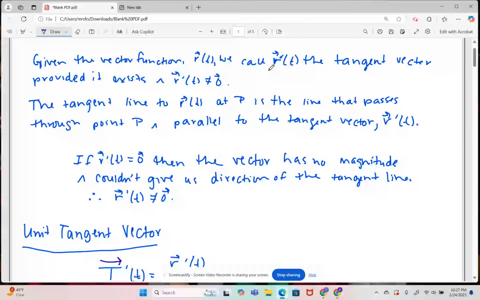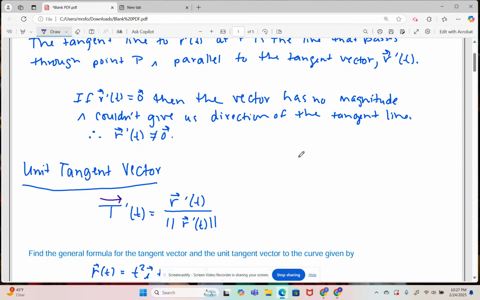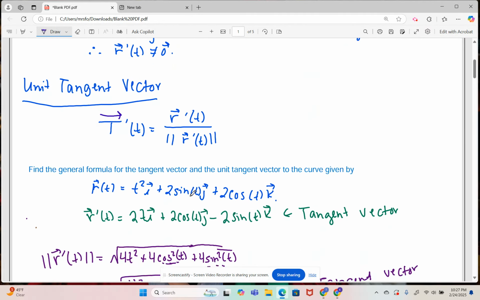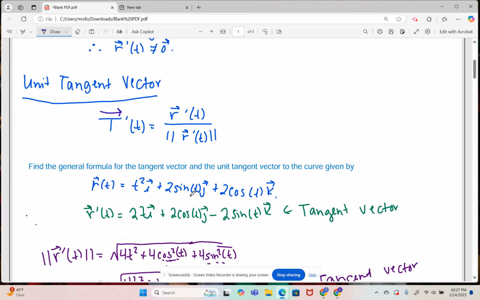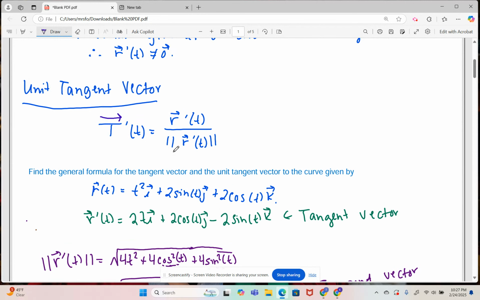We call this the tangent vector. So the unit tangent vector is made up of the tangent vector and the length of the tangent vector, which is here at the bottom.